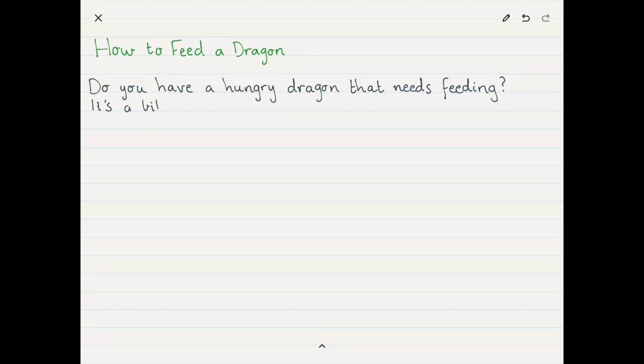It's a bit of a dangerous job. And then the second part of my goal, which is explaining the tricky bit, why it's such a dangerous job.